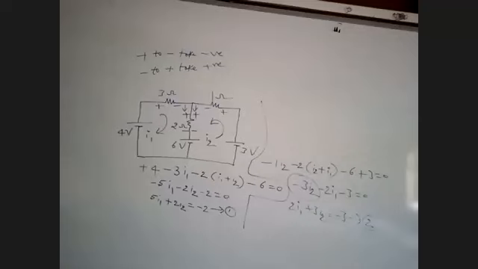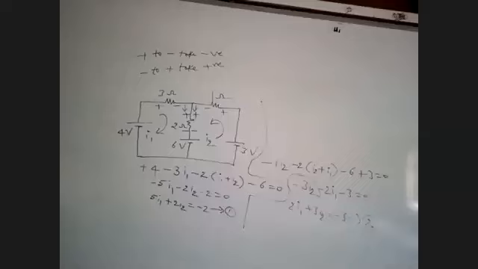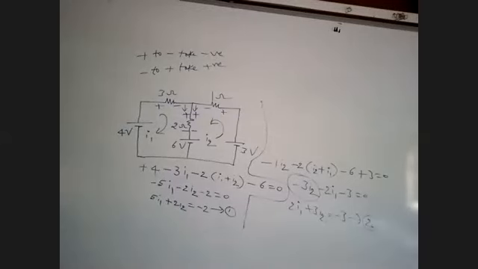But at the end, the equation will be the same. But we have to take the direction of current only. Remember this point: whatever direction is there in the loop, we have to take that direction for the current direction. But you can start anywhere.